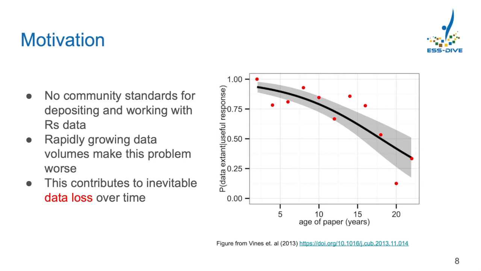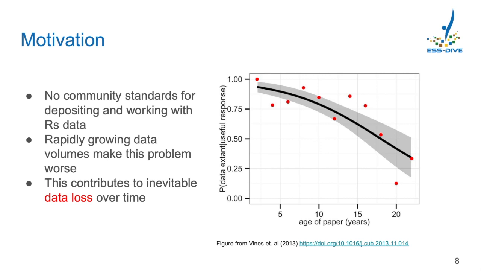And this has some severe consequences, because you combine no clear standards and no institutionally supported repositories with rapidly growing data volumes, and we know what's going to happen here. This contributes to inevitable data loss over time.